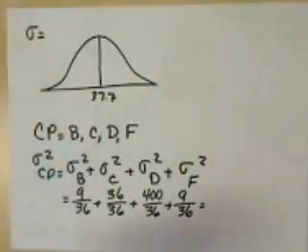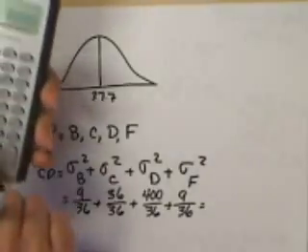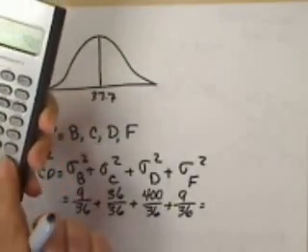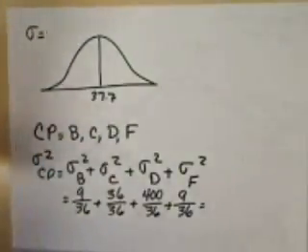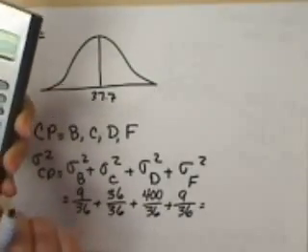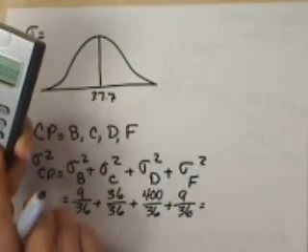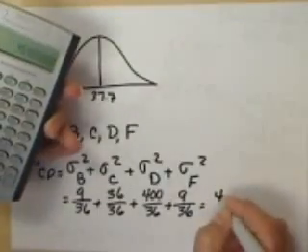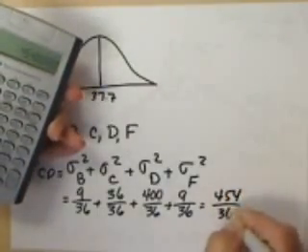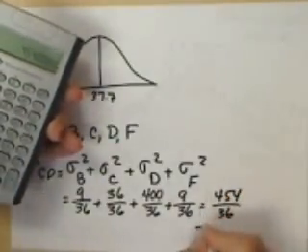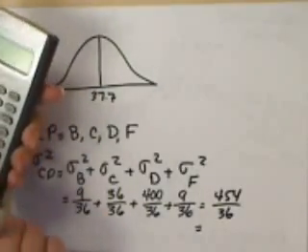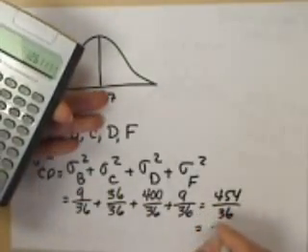So if we compute all of those, we get 400 plus 18 plus 36 divided by 36, which is 454 over 36, because we have common denominator, and we get 12.61.